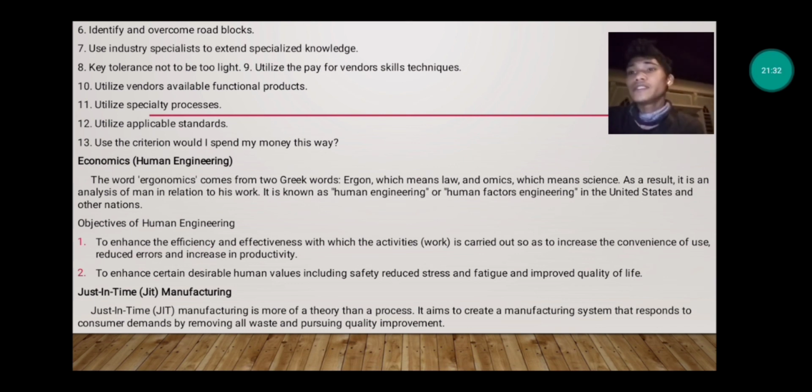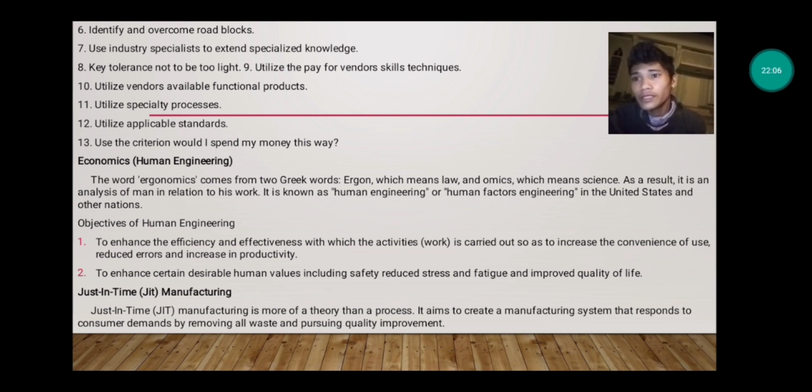Economic human engineering. The word economics comes from the Greek word ergon, which means law, and omics, which means science. As a result, in an analysis of the man in relation to the work, it is known as human engineering or human factors engineering in the United States and other nations.